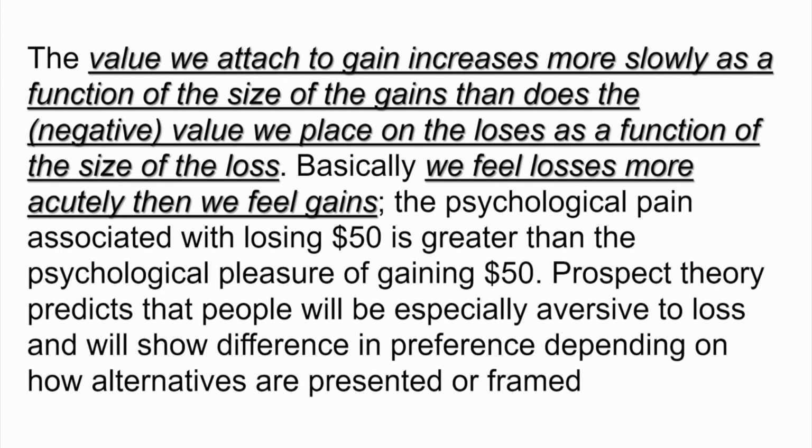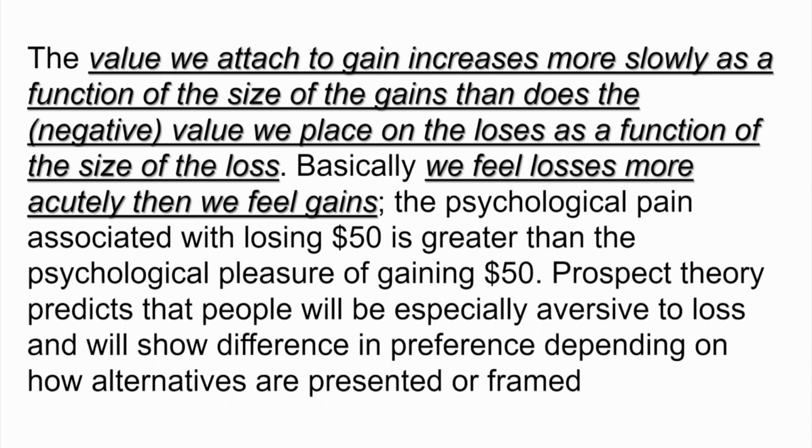So, if you gain 50 rupees and if you gain 100 rupees, the change in happiness between gaining 50 and 100 rupees will be sharply in contrast to the fact that if you lose 10 rupees and if you lose 5 rupees, the drop in sadness between losing 10 rupees and 5 rupees is very sharp compared to gains.